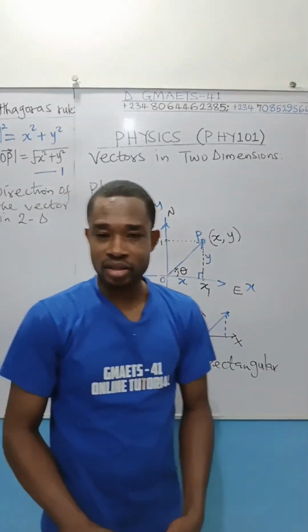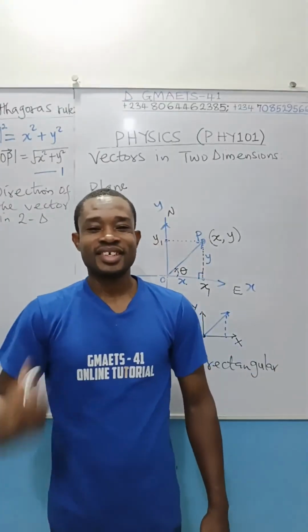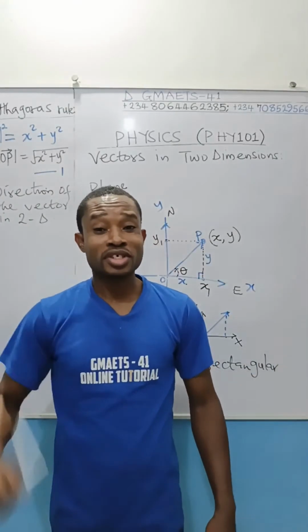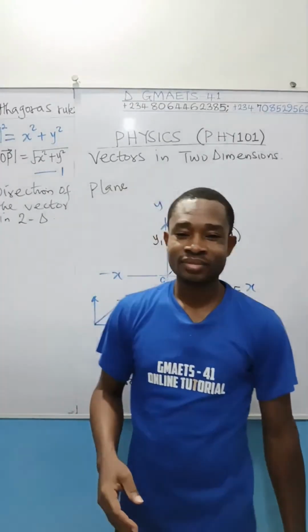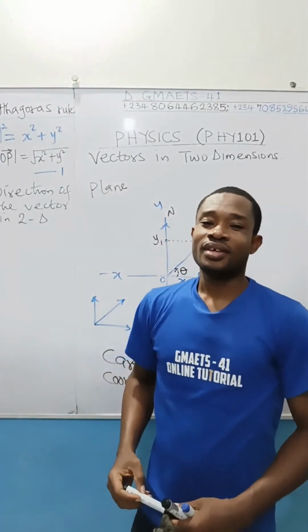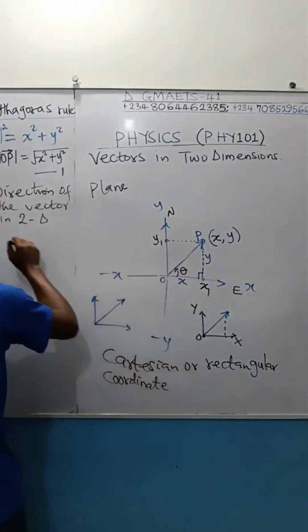Is it sine, cos, or tan? With good knowledge of trigonometry, which of course I will still teach you in our live class, even though I've done that part in the past academic session, I will still show it here. It is tan that relates both of them.